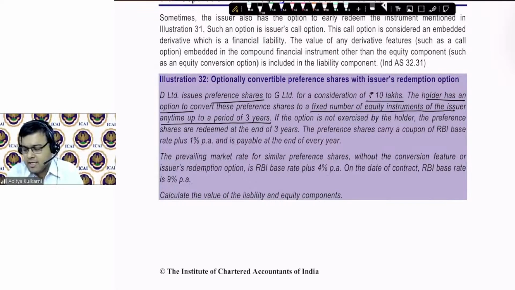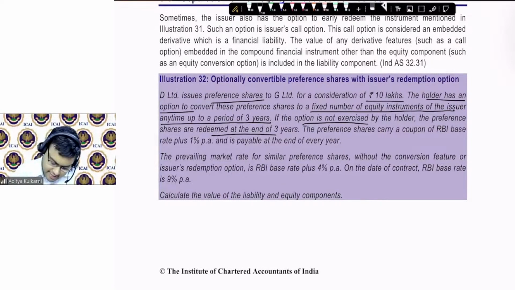If the option is not exercised by the holder, the preference shares are redeemed at the end of 3 years. He can convert at any time up to 3 years, otherwise after 3 years it will be redeemed.